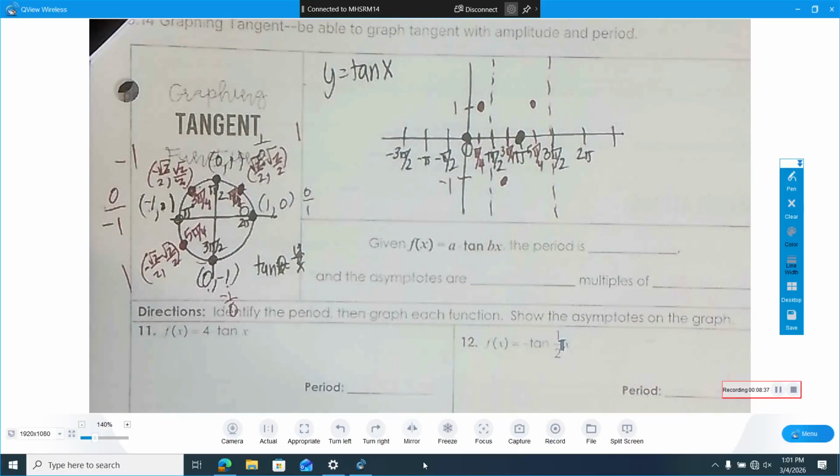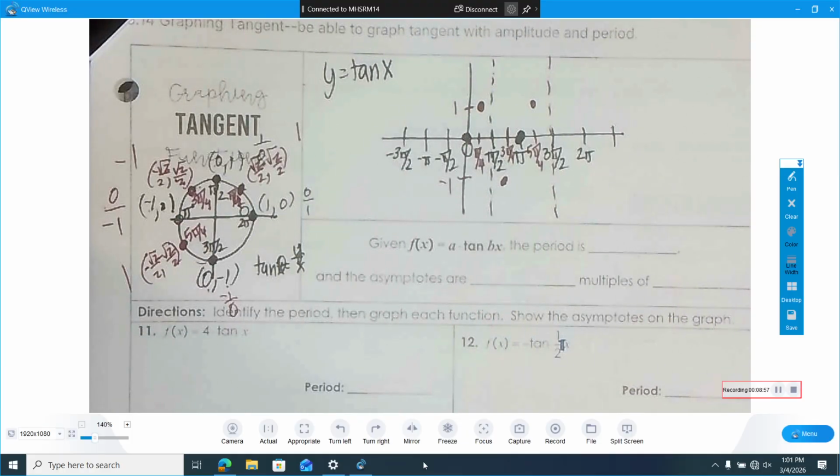Will you please grab your calculators, go to y equals, and type in tangent of x?